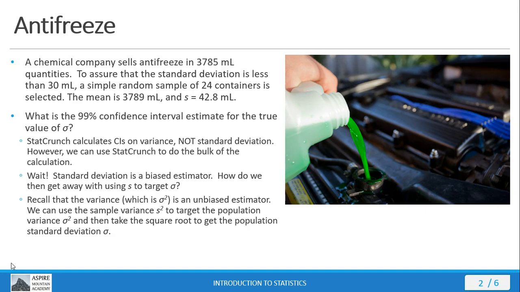So we're able to go through the back door, through the variance's property, to get from one to the other. That's why we can use a biased estimator as our point estimate, and that's exactly what we're going to do when we use StatCrunch. We're going to go through the variance.